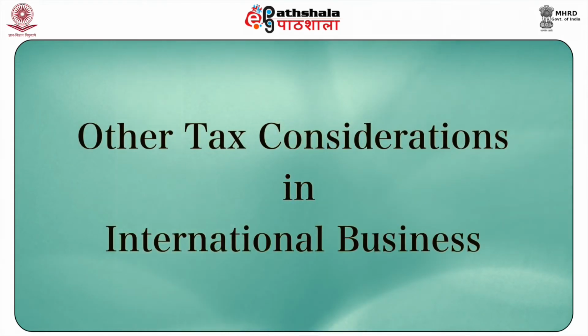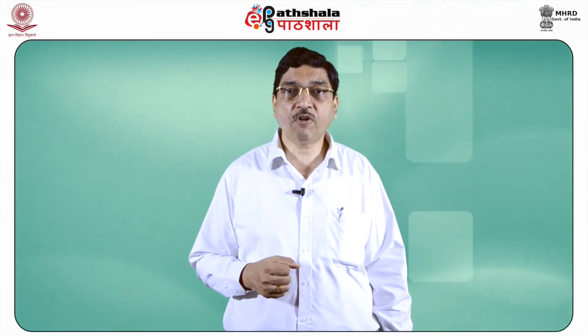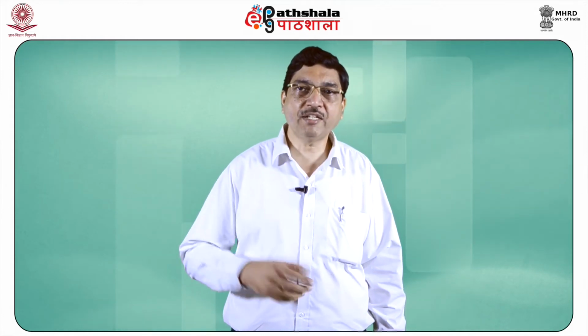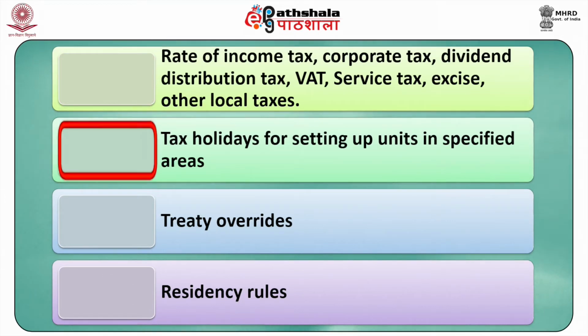Other tax considerations in international business. There are various other issues which need to be focused on by all the entities involved in the international business, such as: number one, rate of income tax, corporate tax, dividend distribution tax, VAT, service tax, excise, other local taxes. Number two, tax holidays for setting up units in specified areas.